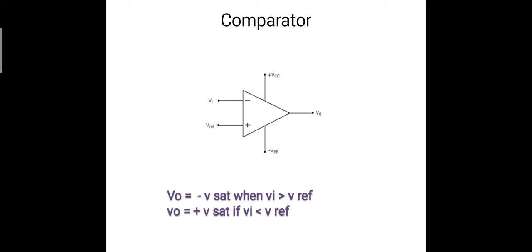That is, the V naught will depend on whether Vi is greater than Vref or less than Vref. It produces the saturated value only. Thus, if Vi is greater than V reference, we get a negative saturation voltage, and if Vi is less than V reference, we get a positive saturation voltage. That is the work of a comparator.